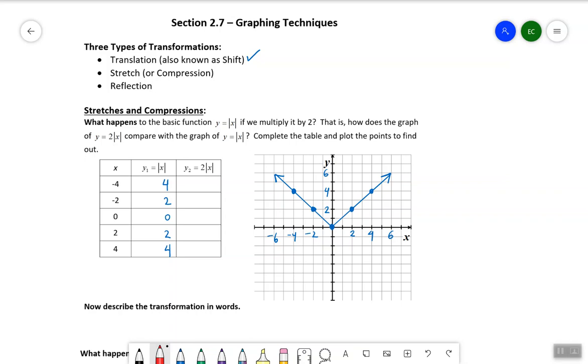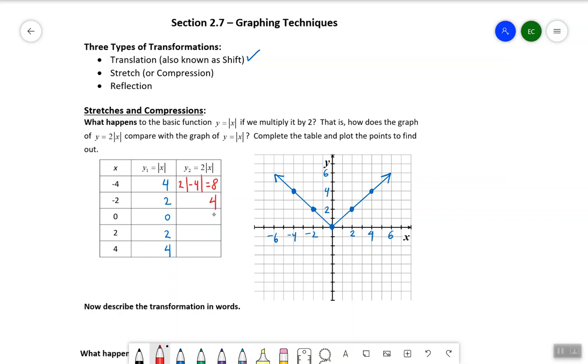2 times the absolute value of x. Probably you can see that if you already have the absolute value of x here is 4, then 2 times that would make 8. And if you wanted to, you could show a little extra work. You could actually show the substitution and then simplify and get 8.